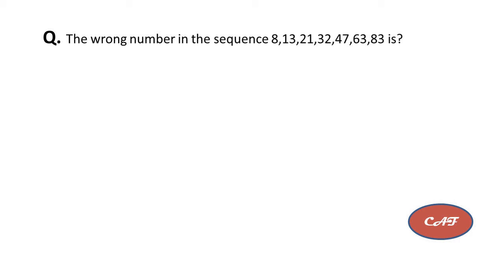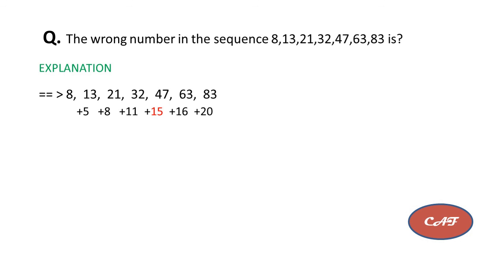Next question. The wrong number in the sequence. Here they gave some sequence. We have to find out the wrong number. Already one question came like this, where all are prime numbers except one number. So here we will see how it is. 8, 13, 21, 32, 47, 63, 83. So if you see, they are adding plus 5, plus 8, plus 11, but after that plus 15, plus 16, plus 20, like that.